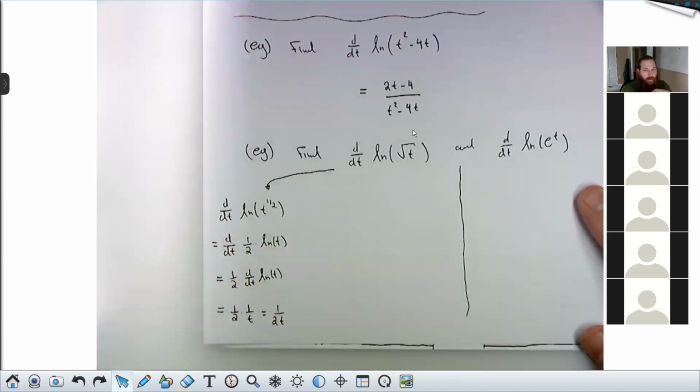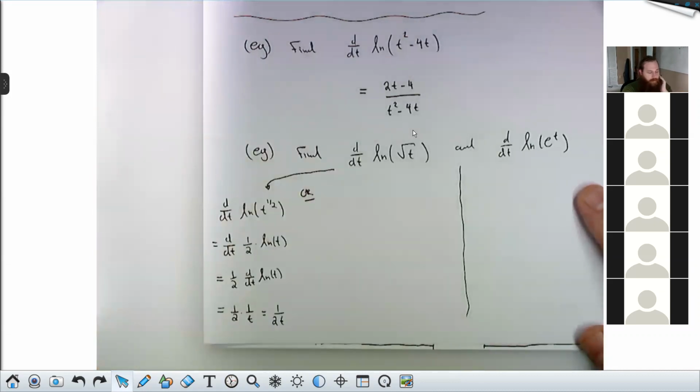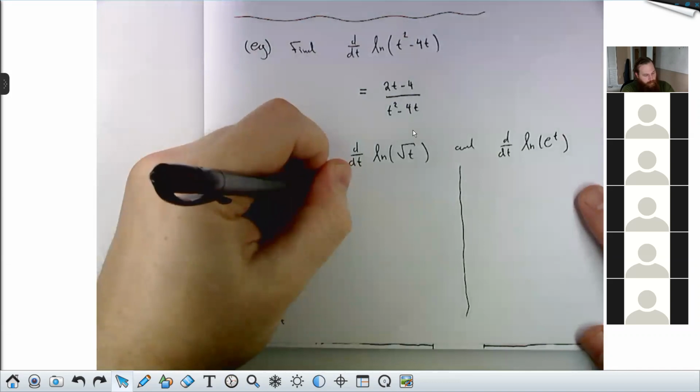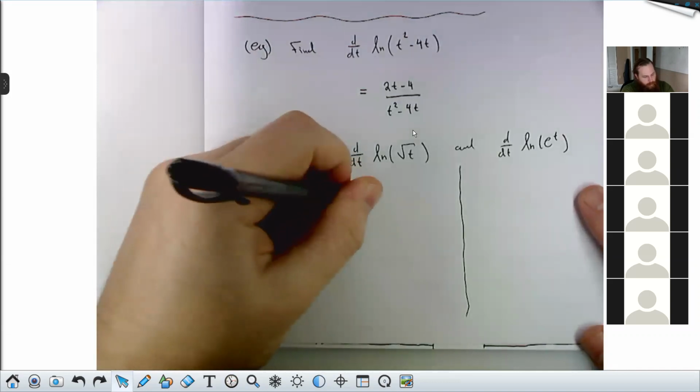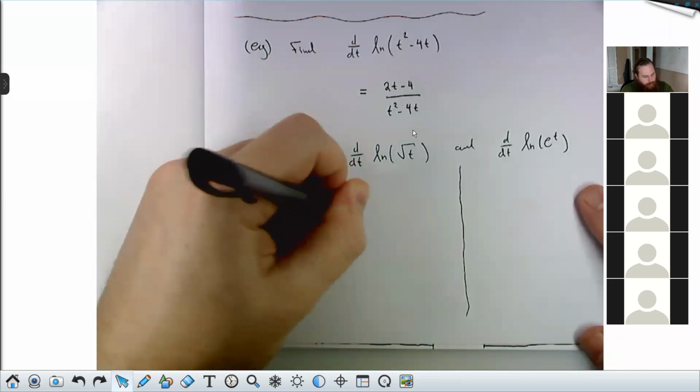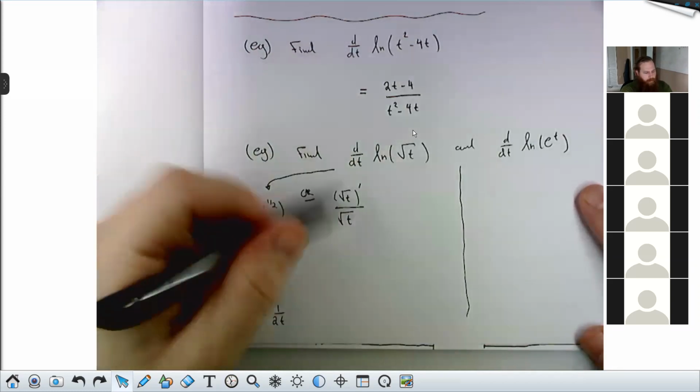If I didn't do that, and I tried to use the chain rule, that would work as well. I would get the square root of t primed over the square root of t. But this is much more complicated.